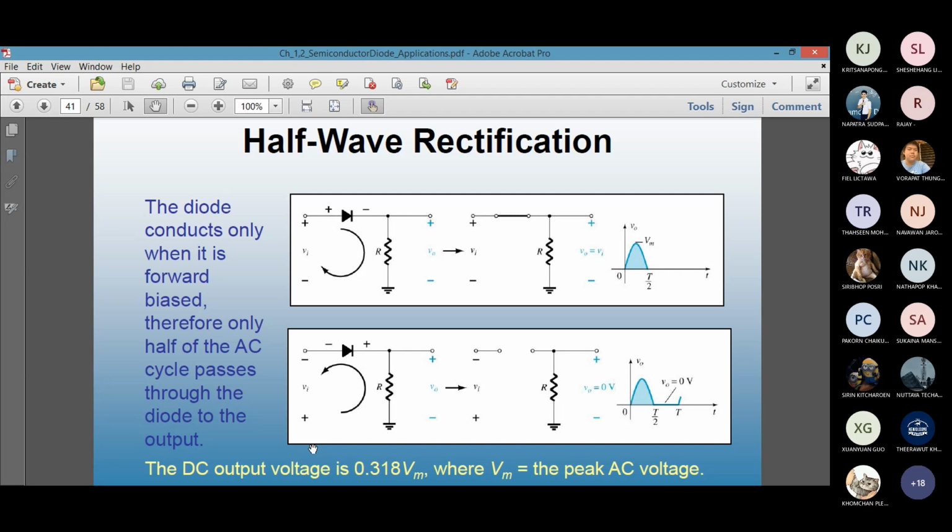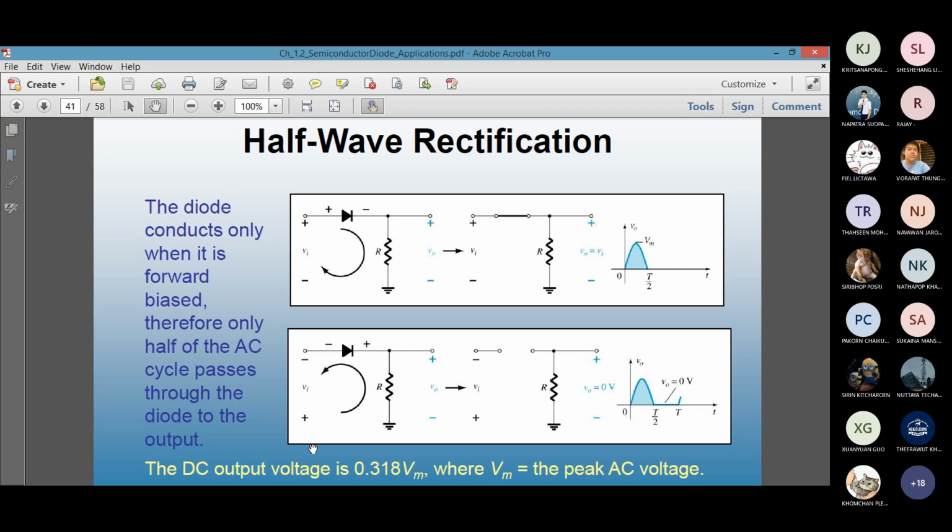Forward or reverse? Forward bias. Will the diode conduct current in forward bias? Yes. So that's why you see an output.